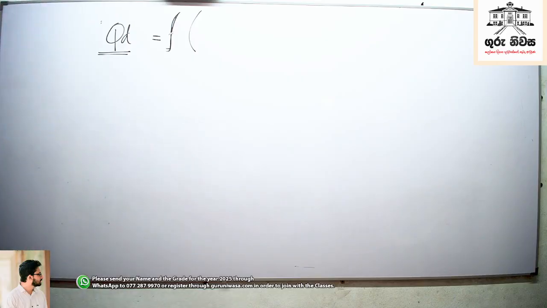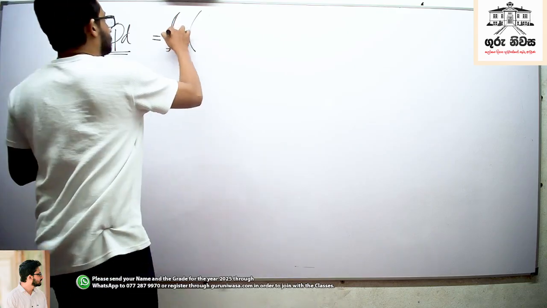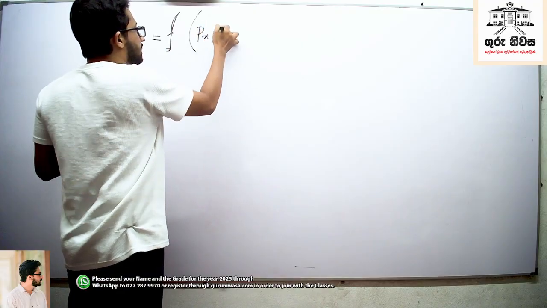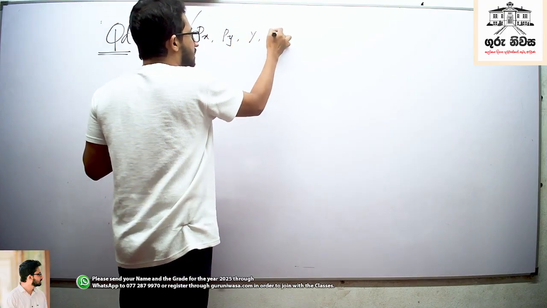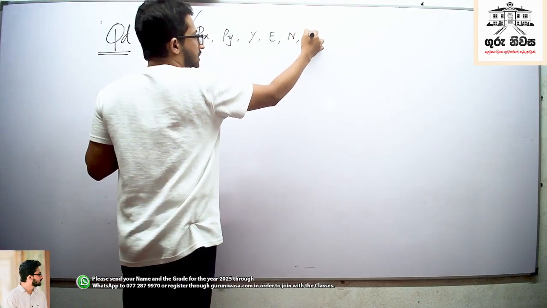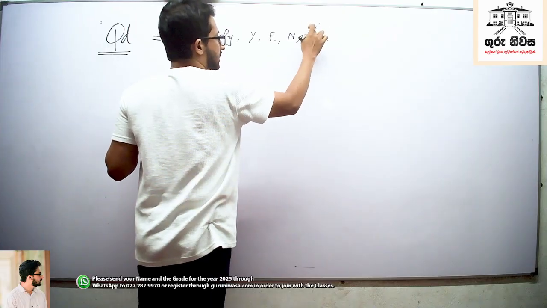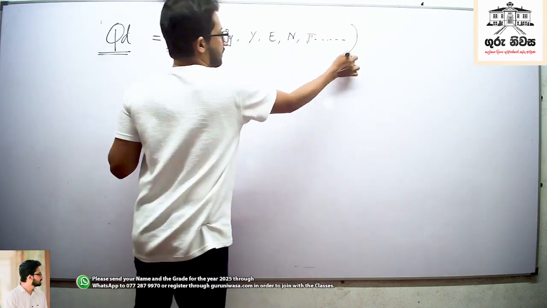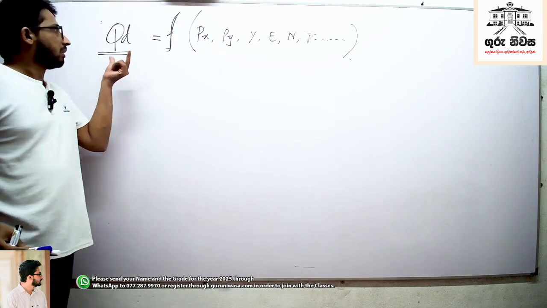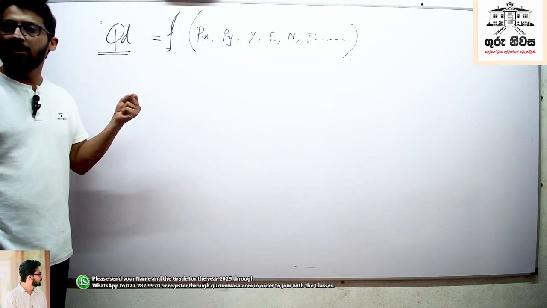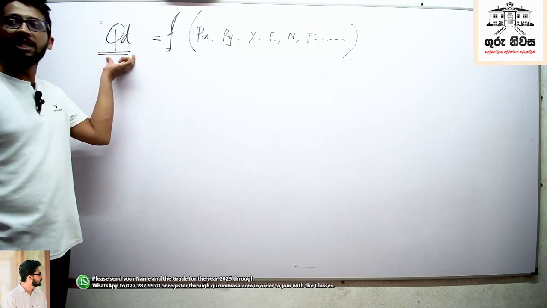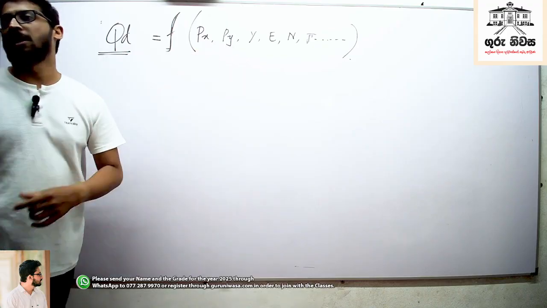It shows the demand is a function, it depends on these factors: Px, Py, Y, E, number of customers or buyers, and preference, sorry, T, taste. Did you get the point? This is called the demand function. The demand function shows the mathematical relationship between quantity demanded and the factors affecting demand.